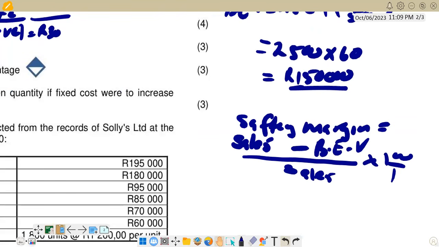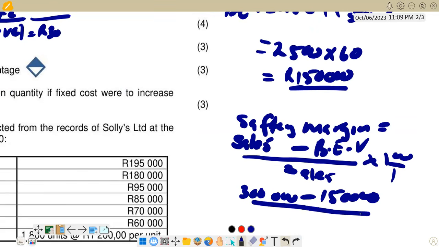So here now we say the sales figure is 300,000. Then we subtract the break-even value, which is 150,000. Then we say over sales, which are 300,000. Then we multiply by 100 over 1 to get the percentage. So let's calculate that.